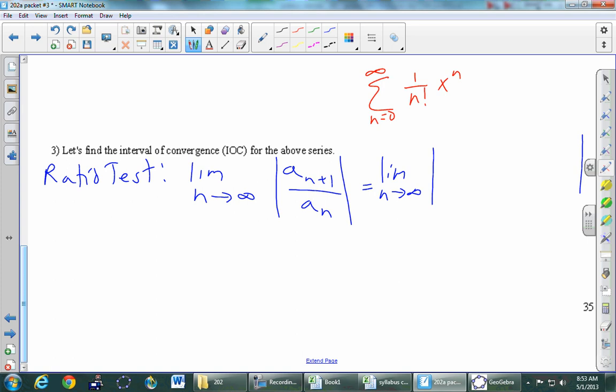Okay, so a sub n plus 1. We're doing this yellow highlighted thing here. All the n's become n plus 1's. So we get 1 over n plus 1 factorial times x to the n plus 1.